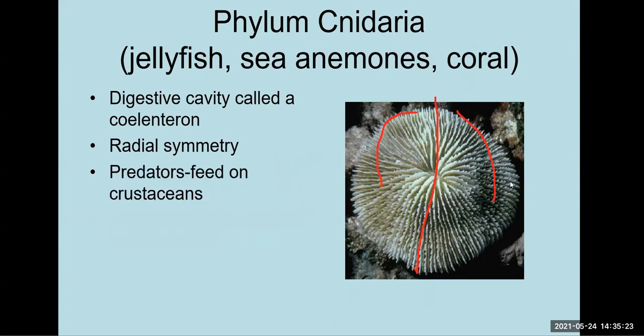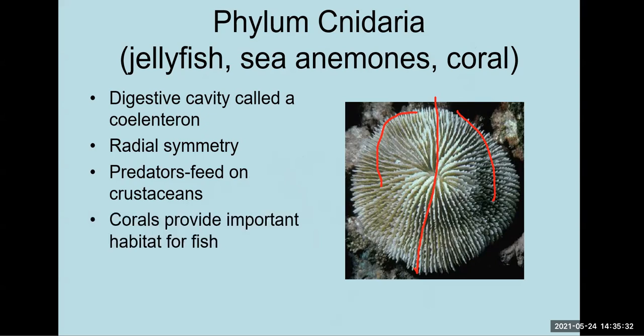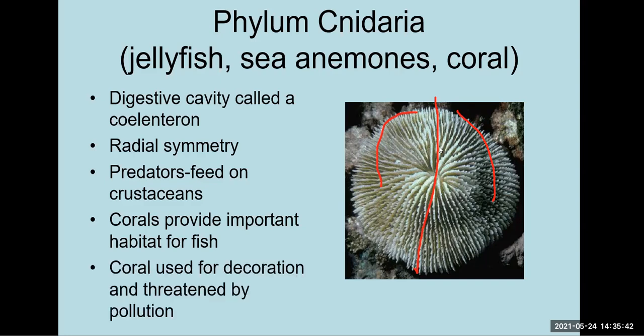What else? They feed on crustaceans. They are predators. They also provide important habitat for fish. These are called corals, right? And Phylum Cnidaria too, they are what we call coral, used for decoration and threatened by pollution.